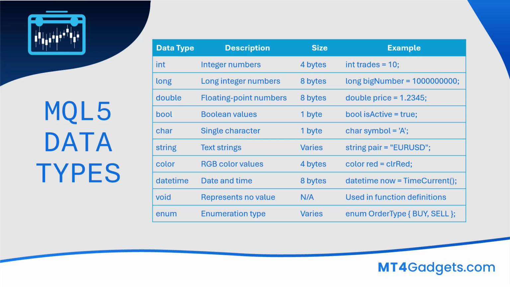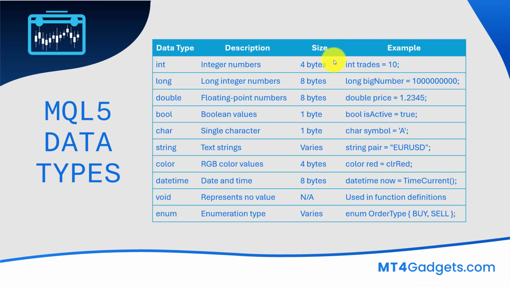Starting from the top, int is an integer number, so it's a full whole number. The size is a maximum of 4 bytes, and an example of code including int can be int trades equals 10.